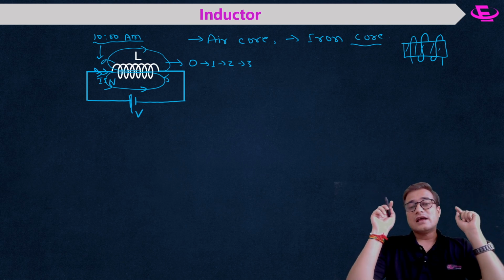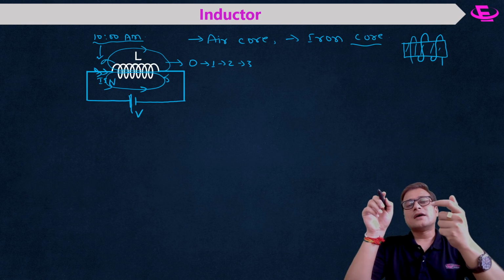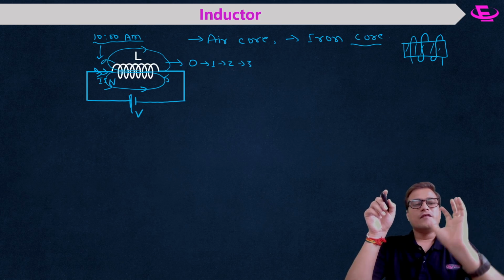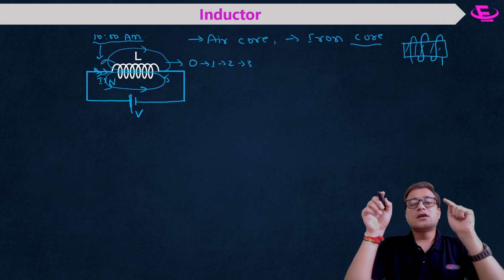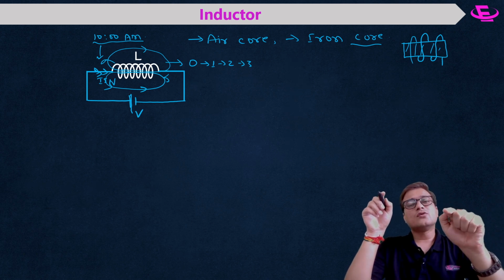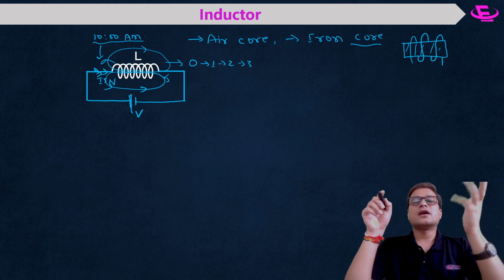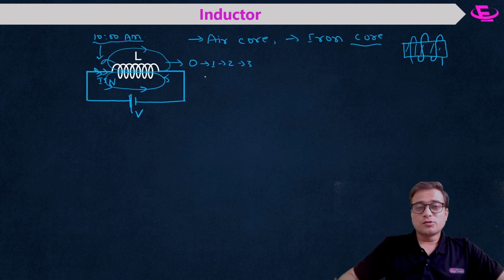If the number of field lines is 0, the current taken by the inductor is 0. Even if you connect a 1000 ampere source across the inductor, it won't take current the moment you connect the supply, because the magnetic field lines are 0.